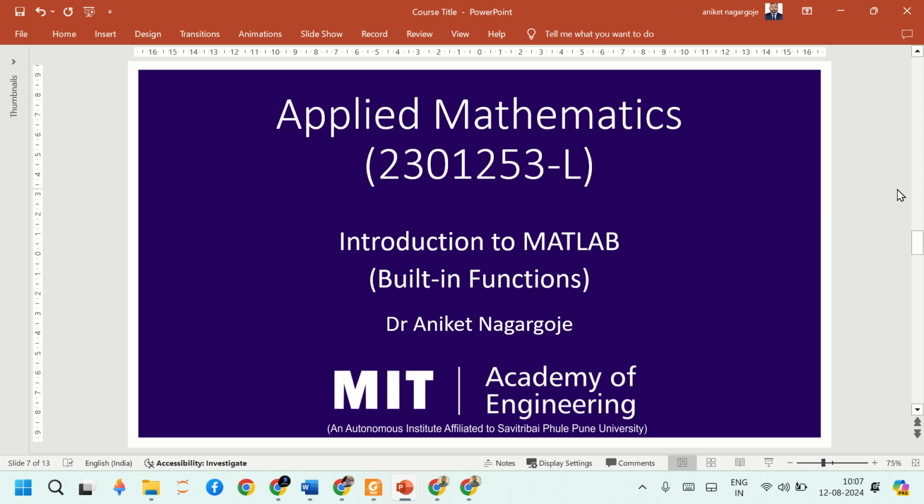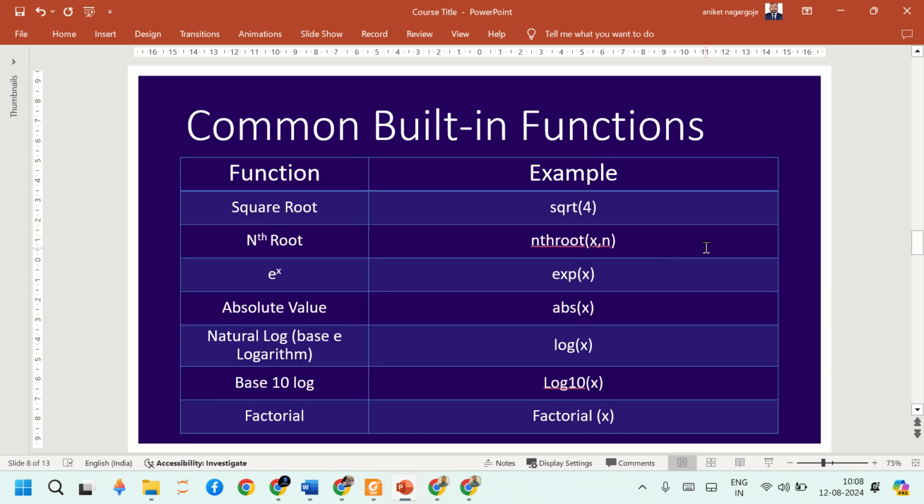So here we'll learn some built-in functions that will be used to perform the mathematical operations in MATLAB. We have several built-in functions available in MATLAB to do mathematical operations like square root, then nth root. If we have to find the nth root of a number, then we have a built-in function.